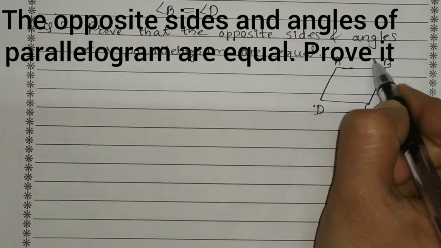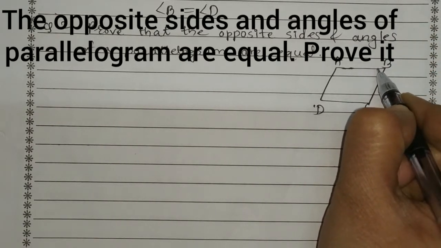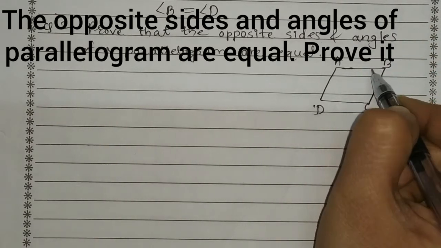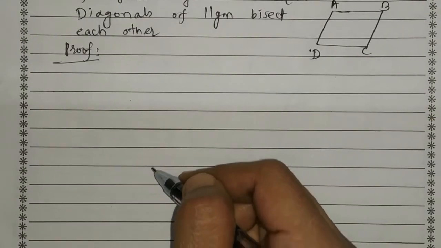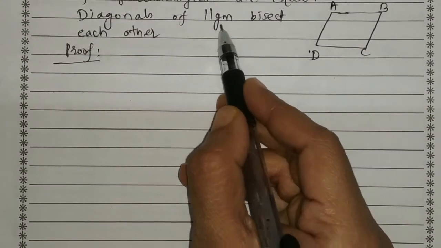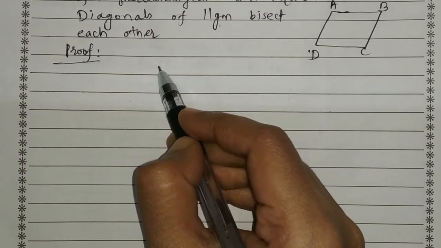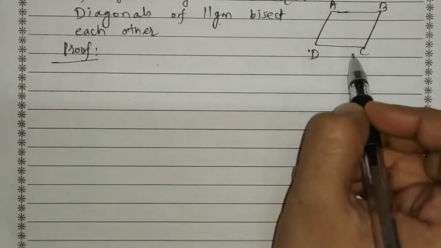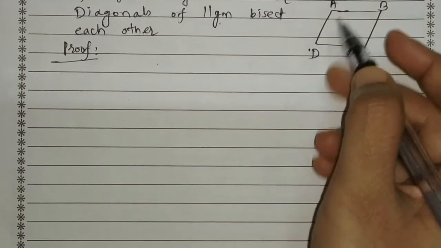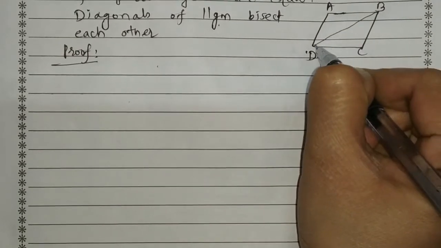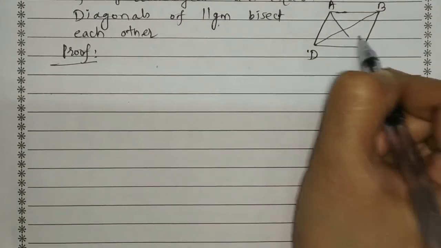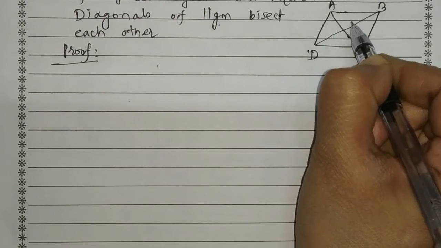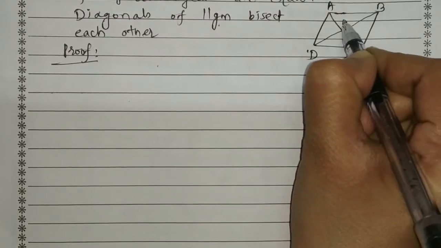So friends, here we will see that the diagonals of a parallelogram bisect each other. For that, let us consider ABCD is a parallelogram. We'll join BD and we'll join AC, and let them intersect at a point O.